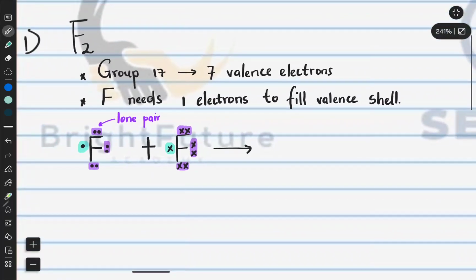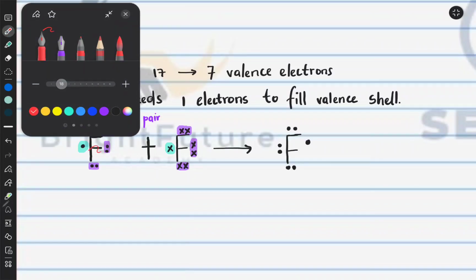So we can rearrange these to fit our purpose. I will put the pairs like this now, the lone pairs, and then I will put the single electron here so that I can draw this structure properly. Then these two will combine.